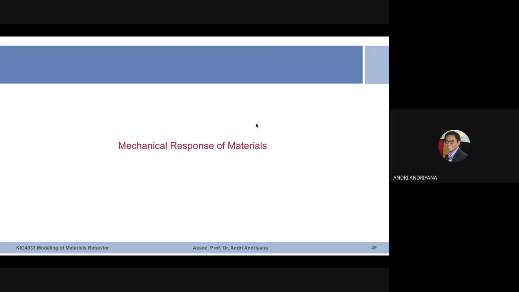So in the next few slides, for closing this lecture number 2, I'm going to browse the typical mechanical response of materials that you can get. Okay, how different materials may have different stress strain curves. Not only by conducting tensile tests until fracture, but by doing something slightly different than that.